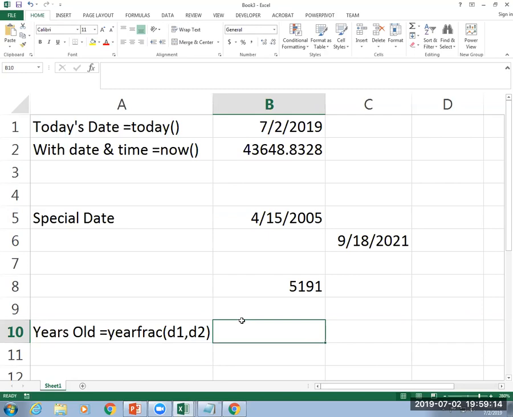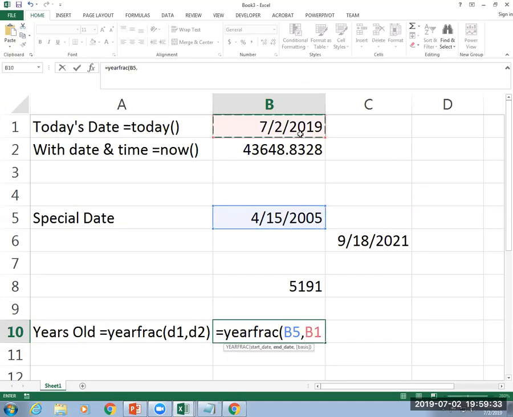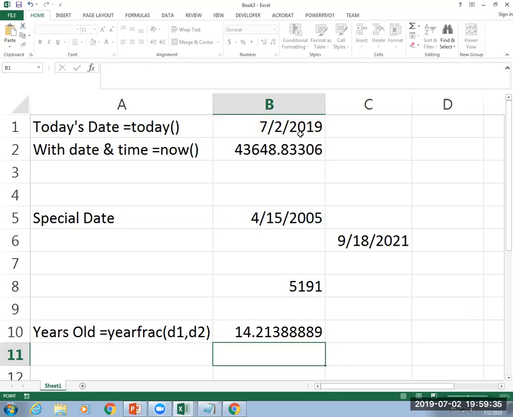So I would say equals YEARFRAC for year fraction, and then date 1, which would be her birthday, and today's date, close paren. She's currently 14.21 years old.